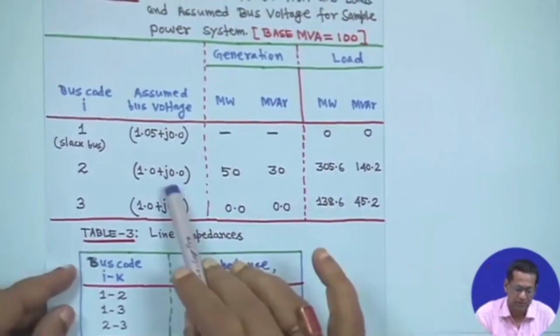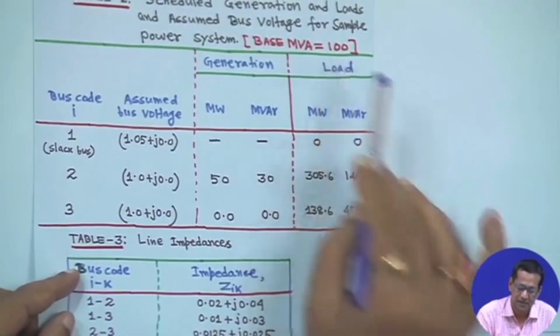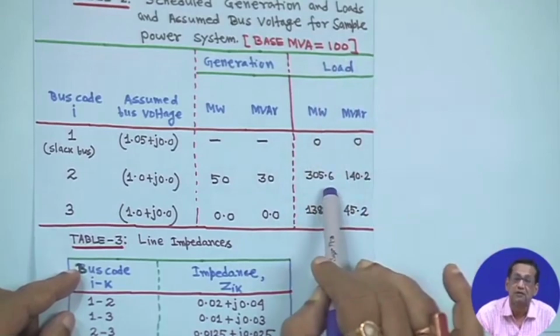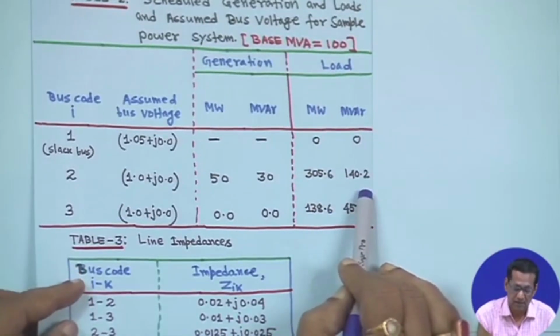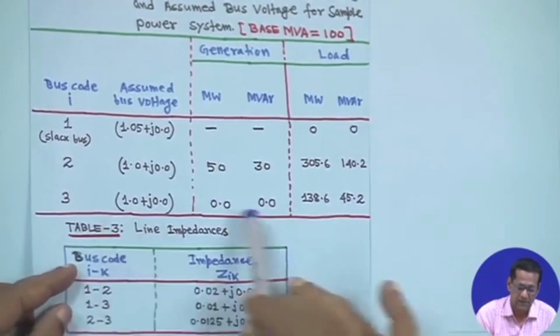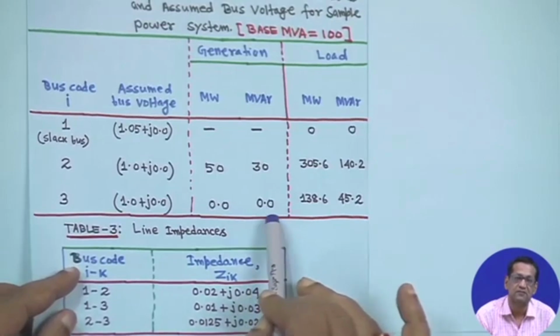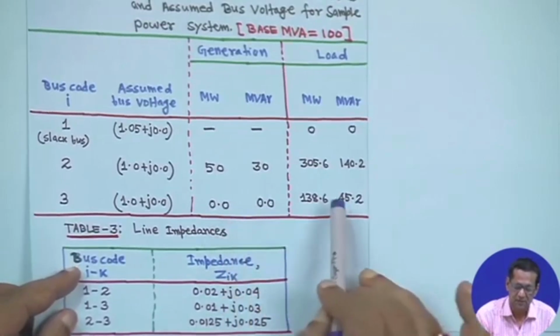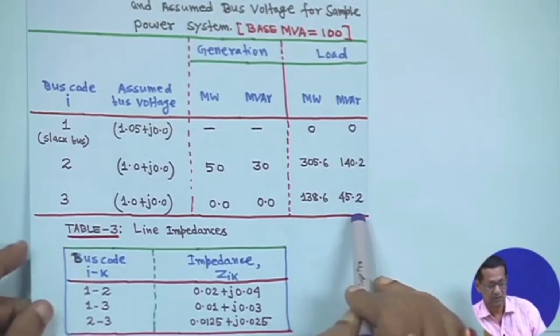The load at bus 2 is given as 50 megawatt, 30 megavar, base MVA is 100, and the load is also given as 305.6 megawatt, 140.2 megavar. At bus 3 there is a load, but no generator is connected, so generation is 0, but the load is 138.6 megawatt and 45.2 megavar.